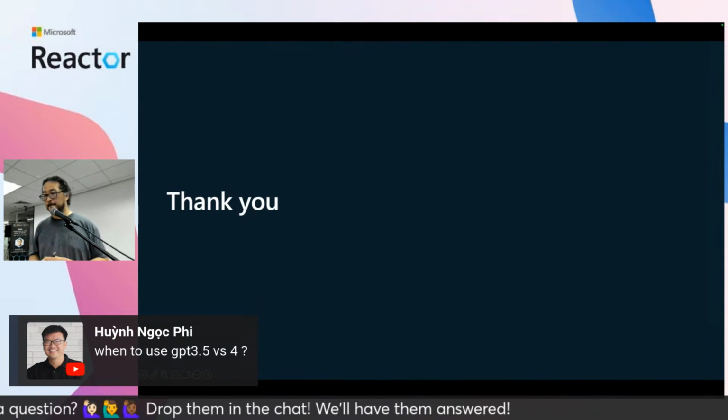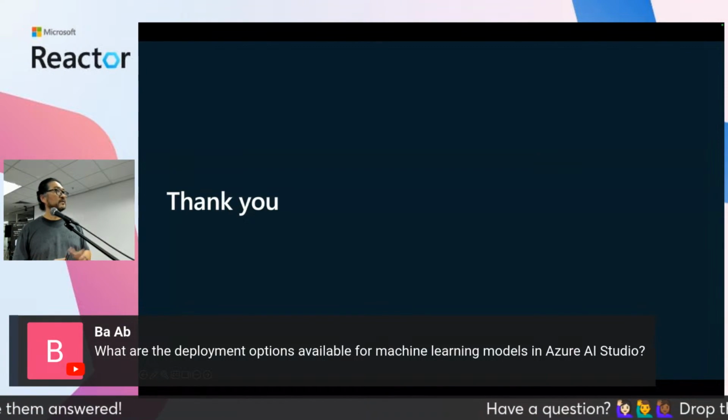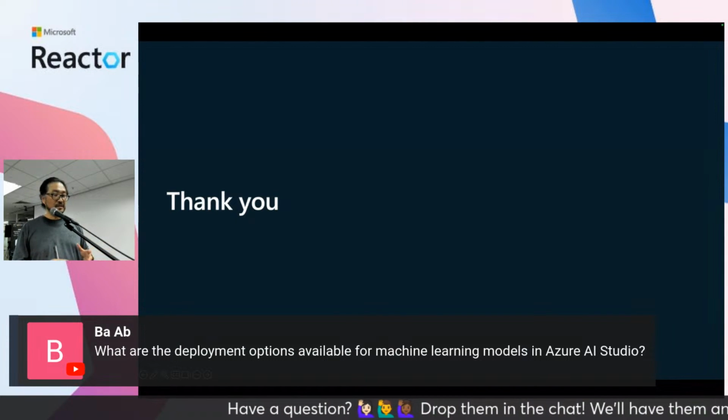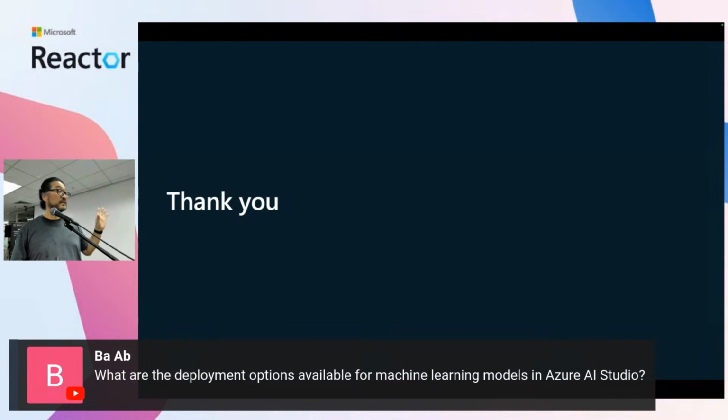Another question is, what are the deployment options available for machine learning models in Azure AI Studio? As I said, Azure AI Studio is a collection of the AI services. The machine learning studio is a part of that.